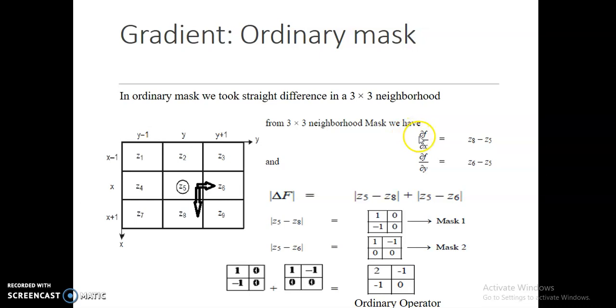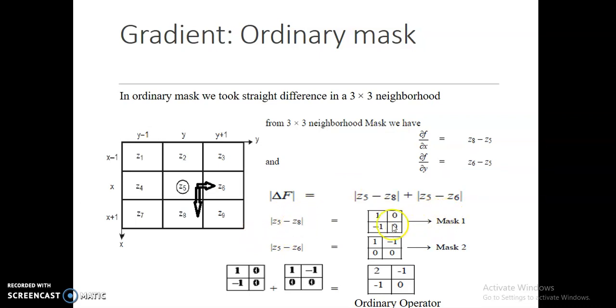Gx can be computed as del f upon del x, that is Z8 minus Z5, and del f upon del y equals Z6 minus Z5. We can compute the magnitude as mod of Z5 minus Z8 plus mod of Z5 minus Z6, because we have taken the mod of it.